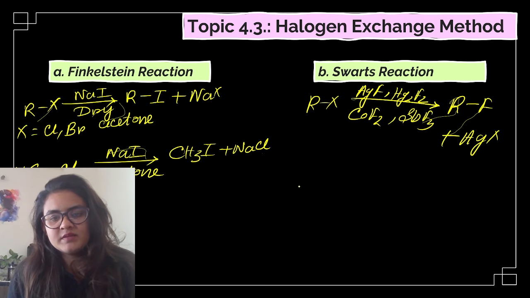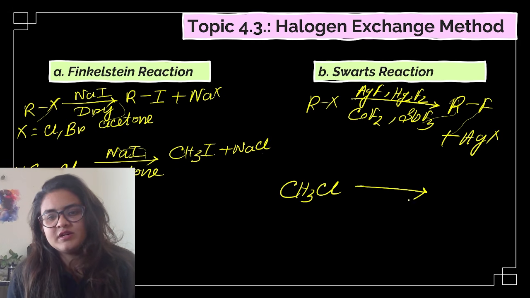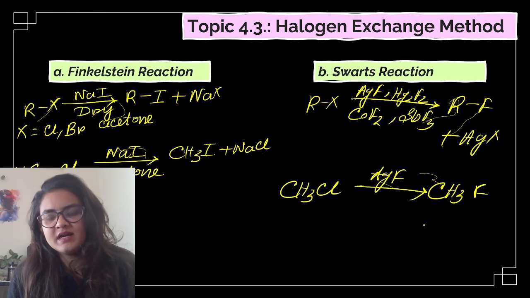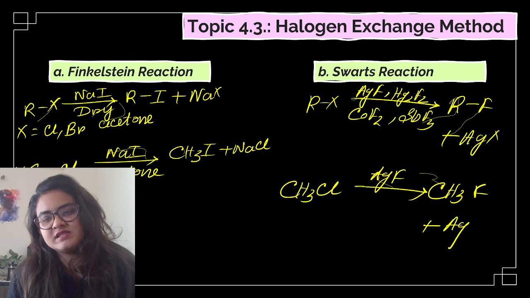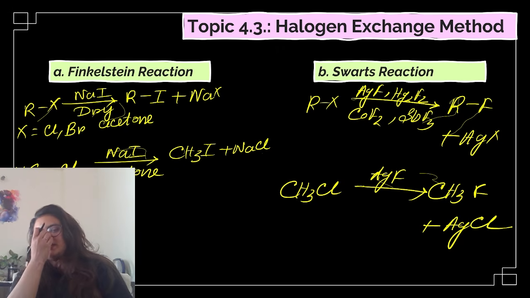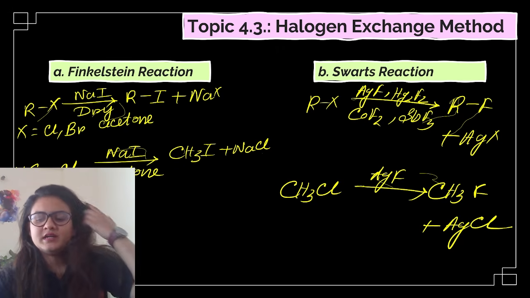One example let me write for you. Let's say I am having CH3Cl, and I am treating this with AgF. So I will end up with CH3F. Along with that I will end up with AgCl. So this is the Schwarz reaction. I guess this thing is clear to you. Let's proceed further.